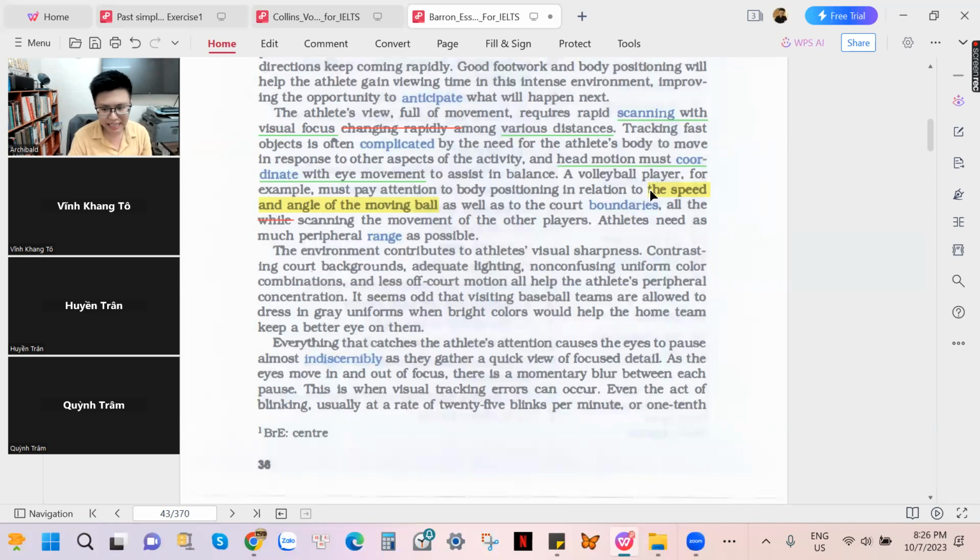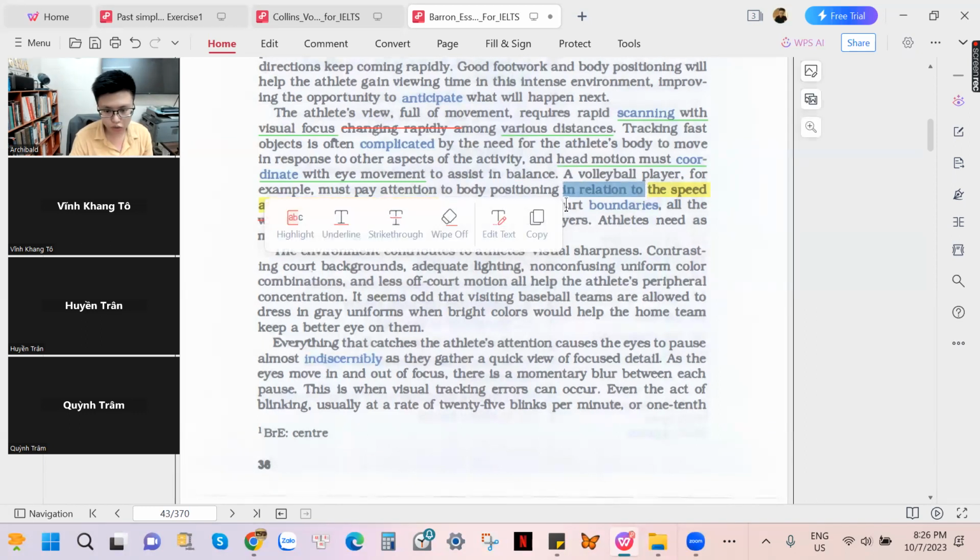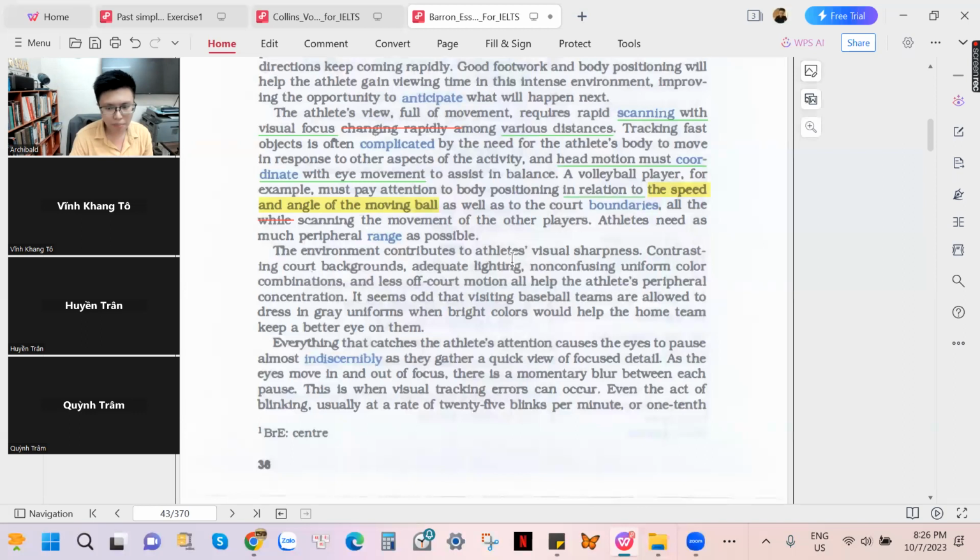Here they say that a volleyball player must pay attention to the body positioning in relation to, which means about that thing. It's like I try to explain everything to you in English in relation to the real situation of the sentence. I explain everything related to the sentence in the book.